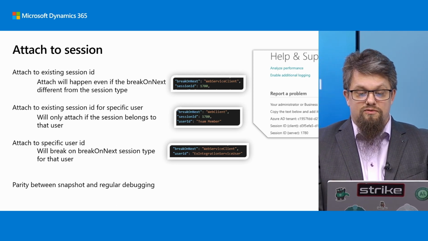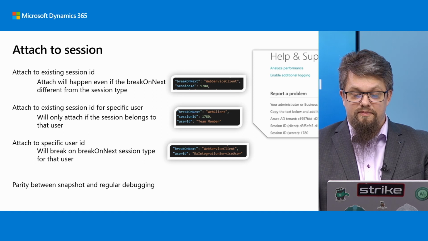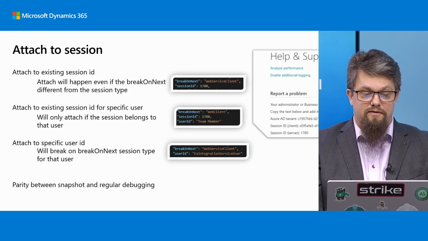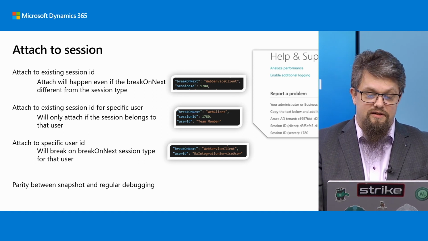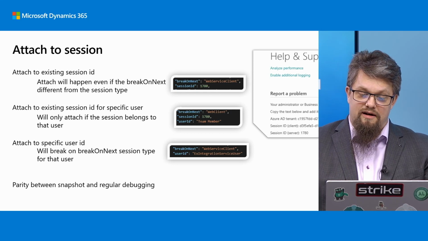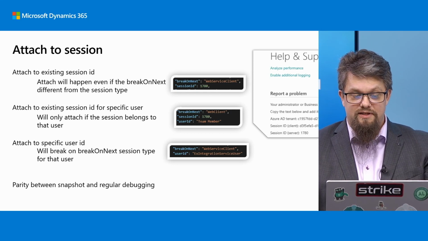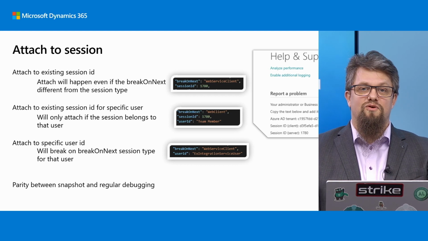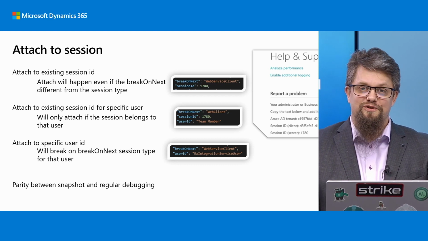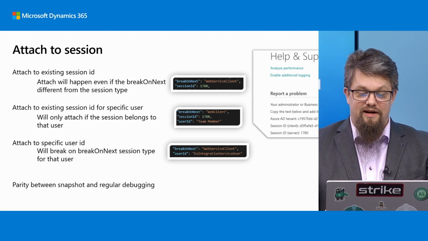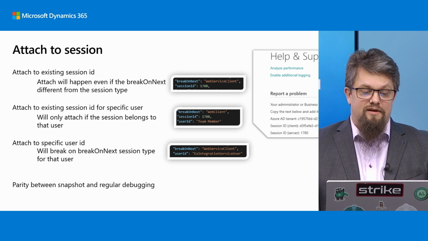There are some rules to how we find the session. For the first one, we only specify the session ID. We don't care about the actual type of session because you know the session ID, so we expect that's the session you want to connect to, regardless whether it's a web service client or a web client session.